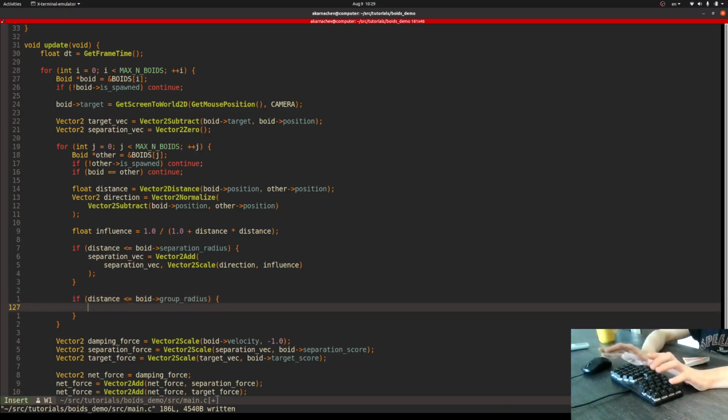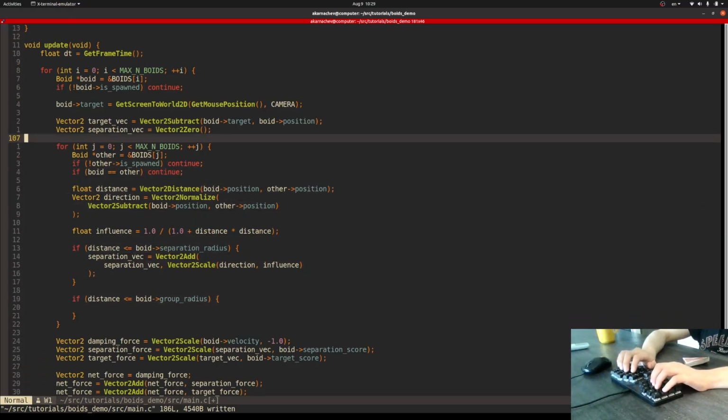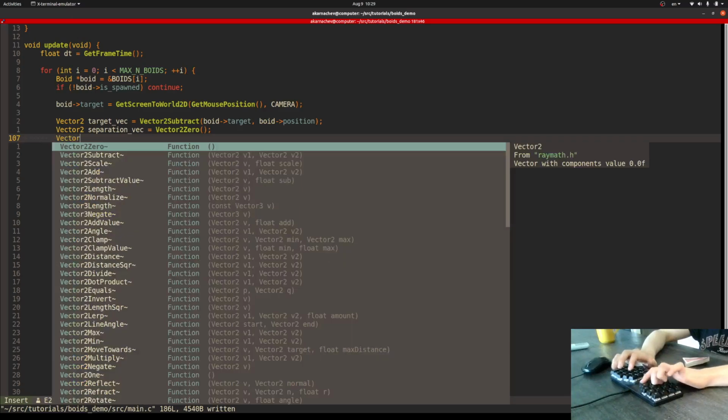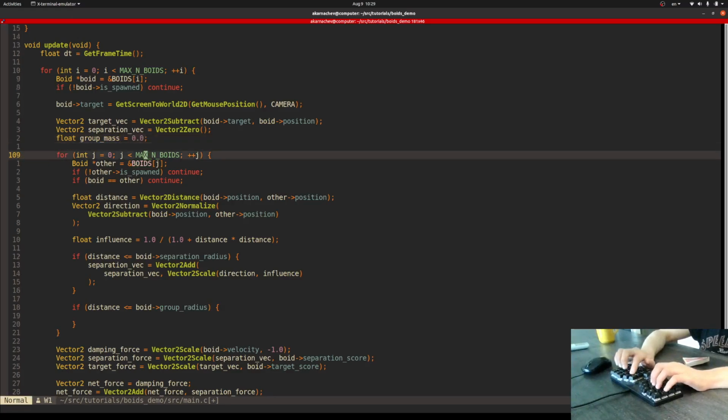I want to compute the group mass. Not vector, float group mass is equal to 0.